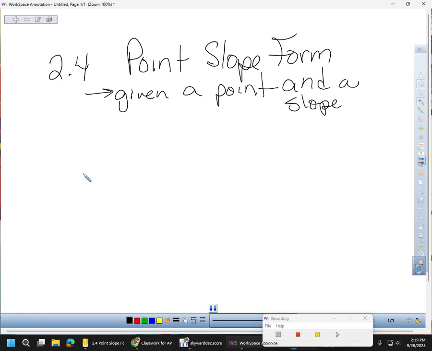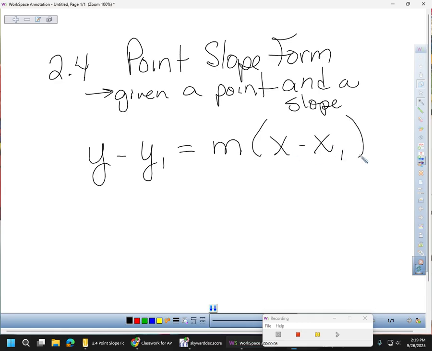This form is y minus y1 equals m times x minus x1, where m is our slope, and we have a point at x1, y1. That's where our point goes, right here and right here.